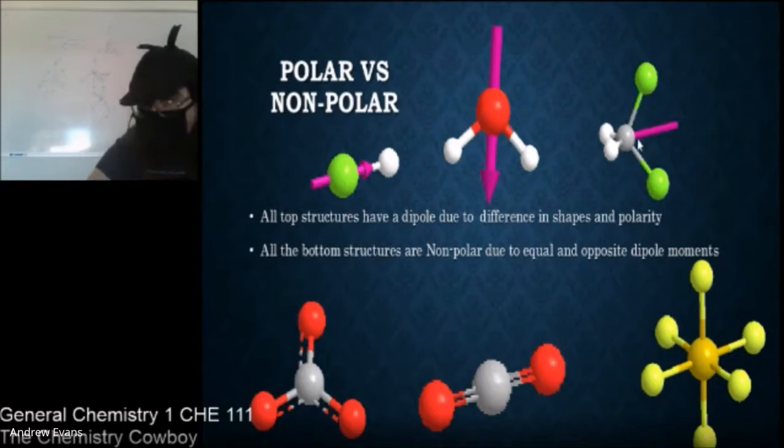Split the difference. All the bottom structures, while having polar bonds, are considered nonpolar. This guy is what, like carbonate? Drawing this, you see this oxygen is pulling down, this guy is pulling down. They cancel out.